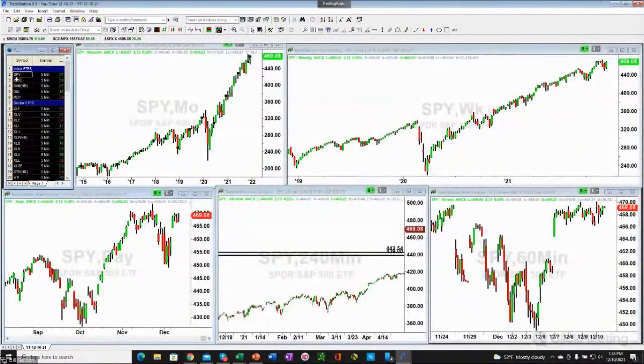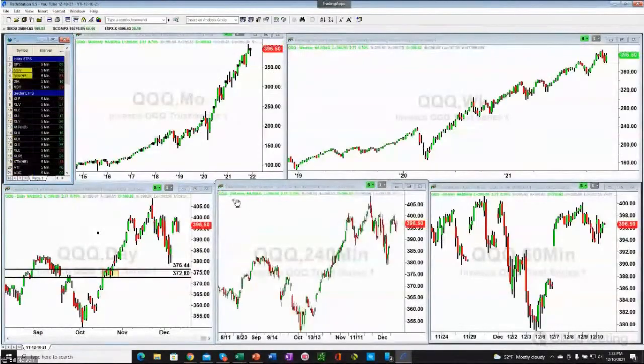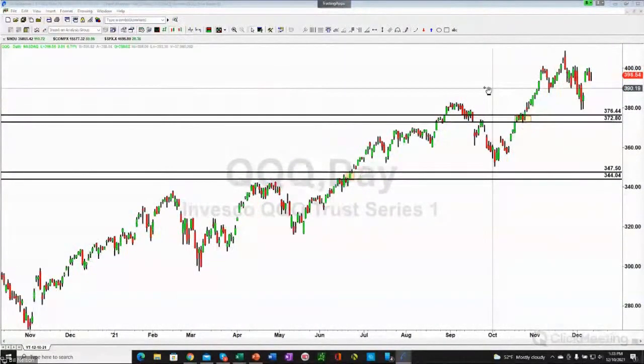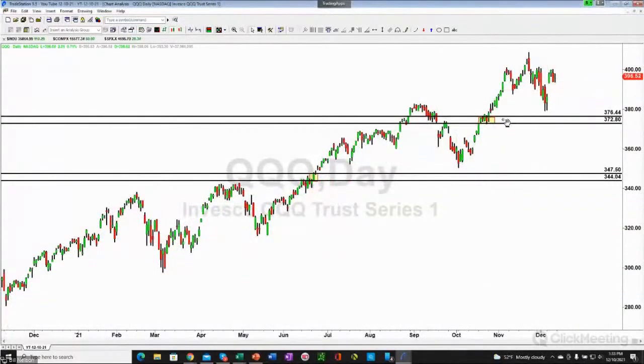Let's go to the Qs. In the Qs, we've had our eye on this area of 376 down to 372 off the daily chart. And should this area fail, looking down here at 347.